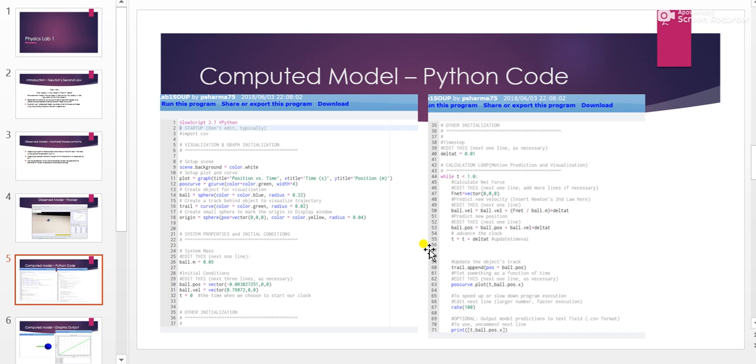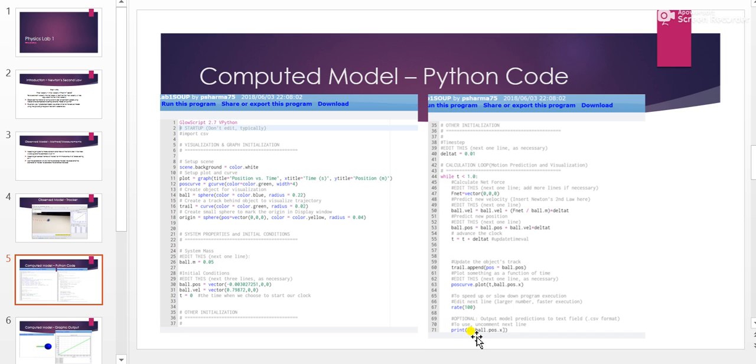I also changed the time that was given in the Python code because I used a different time step. And I also changed the velocity and position formulas to update them using the Fnet over the mass of the ball plus the time step. And then for the position formula, I did the same thing as well. I used the position of the ball plus the velocity of the ball times delta t.